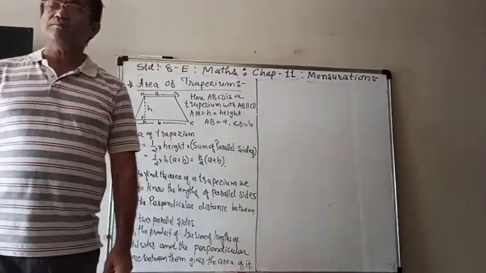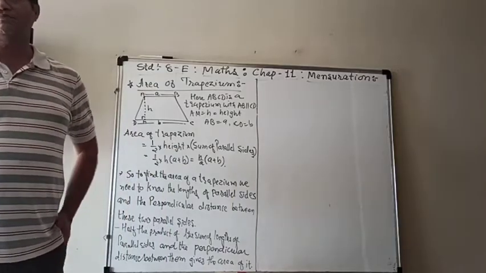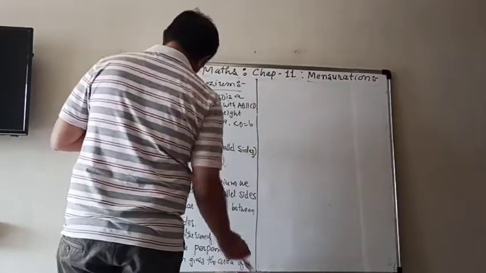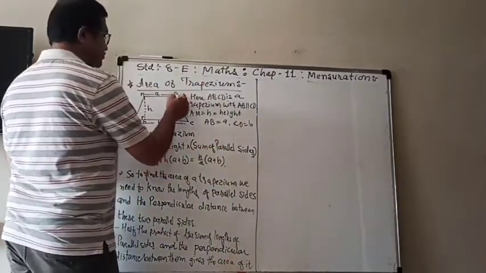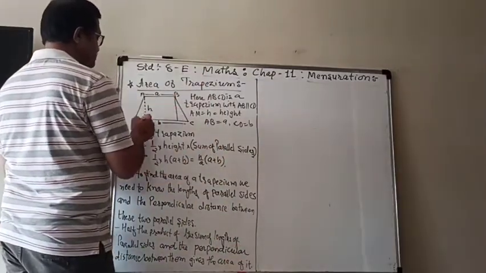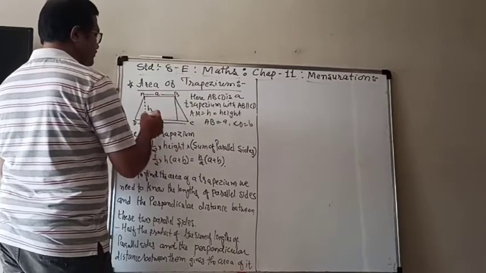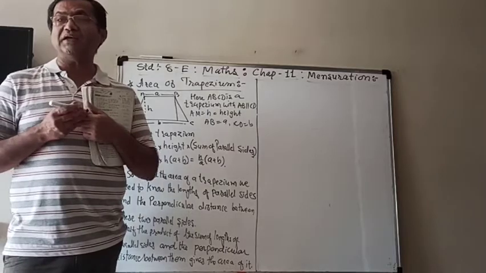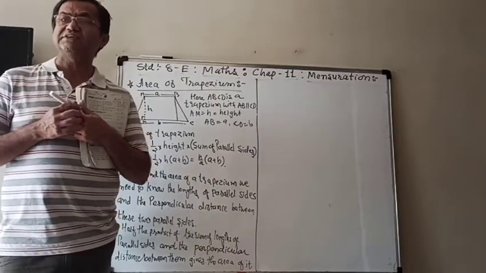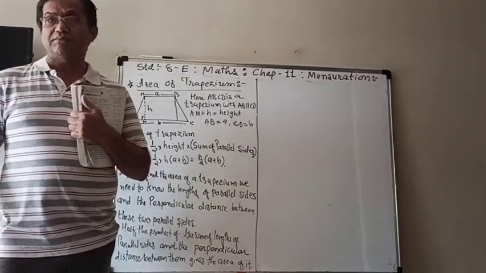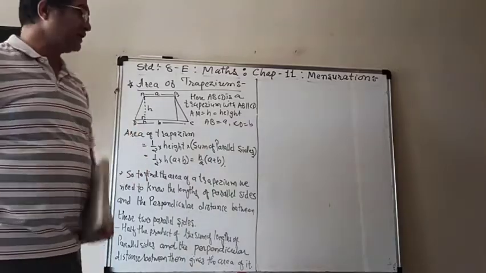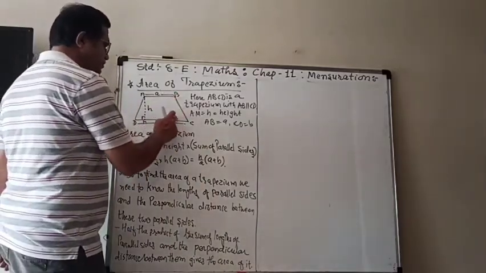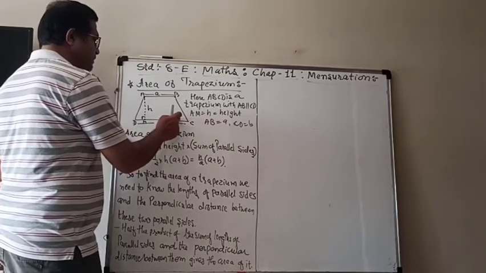Now the trapezium can be divided into three parts also. If you draw here also, then you see that there are two triangles and one rectangle. So if you find the area of these three separate parts, with two triangles and a rectangle between them, and if you add them, you will get the area of the trapezium.